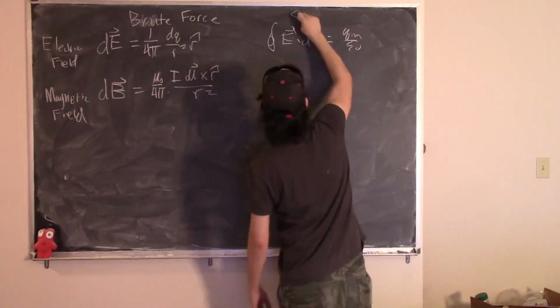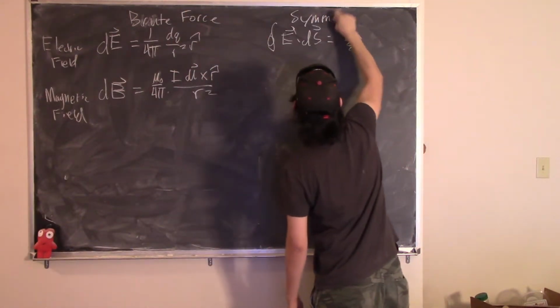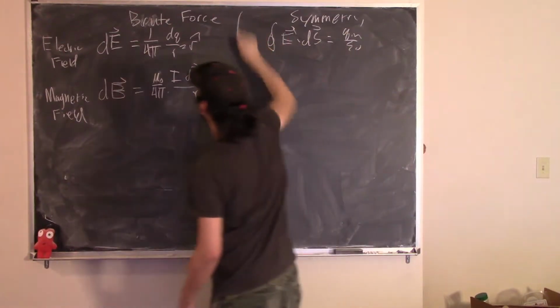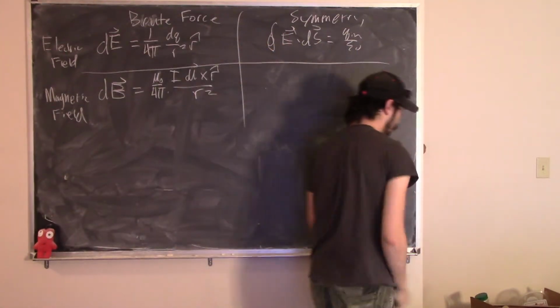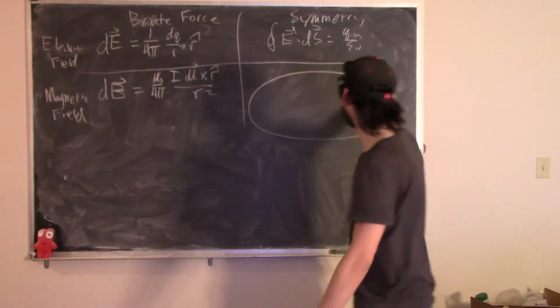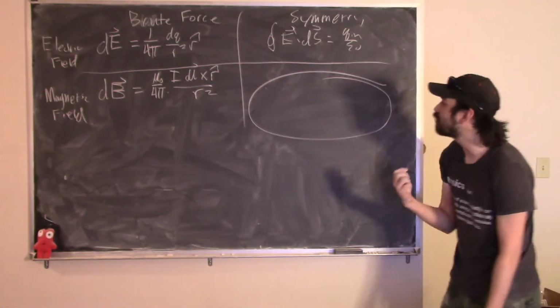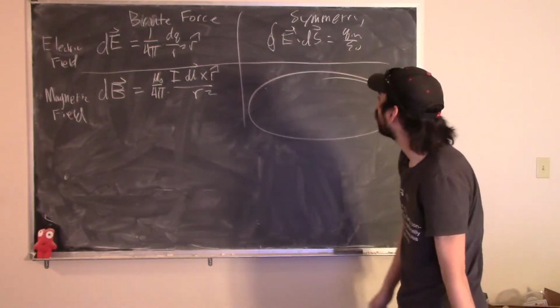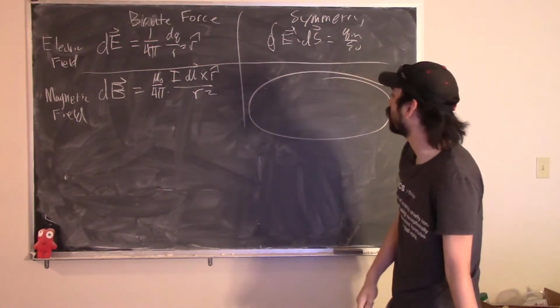And then this is symmetry. So we have this nice table that we could draw here. And the physics is really begging for one more equation. Some way that we can calculate magnetic fields using some type of symmetry argument.